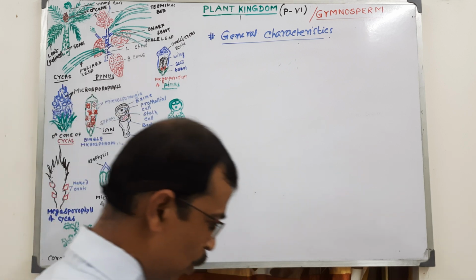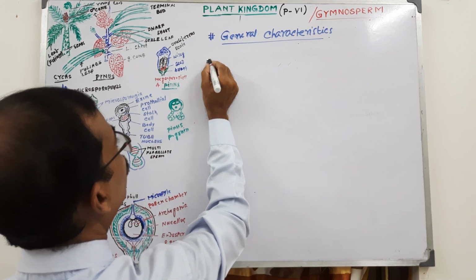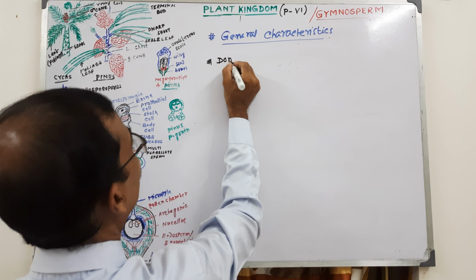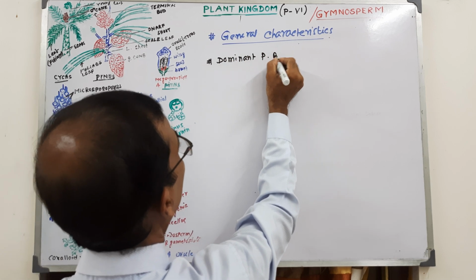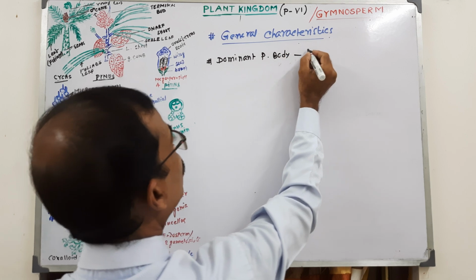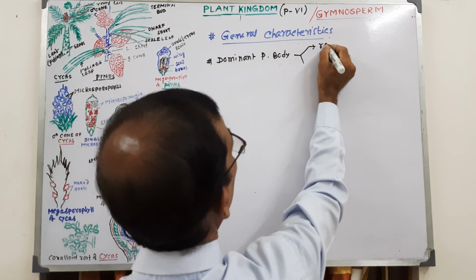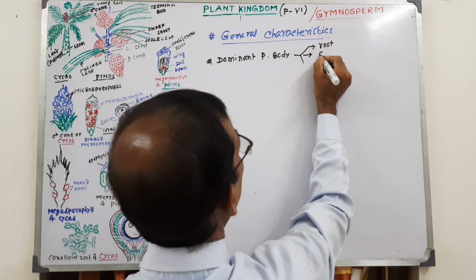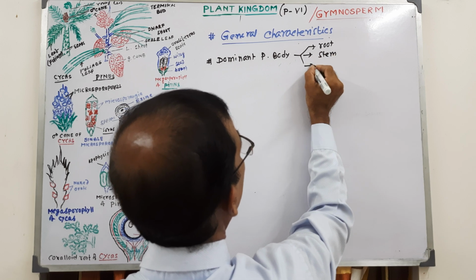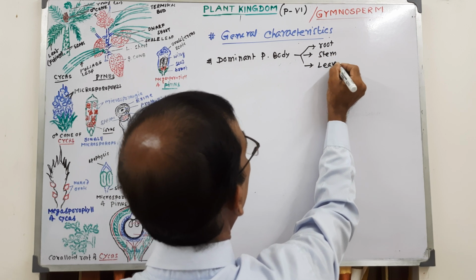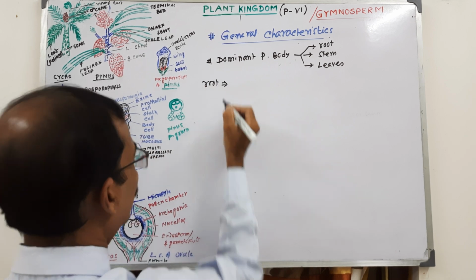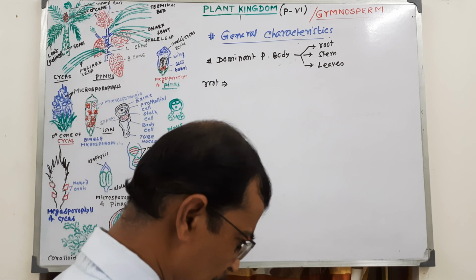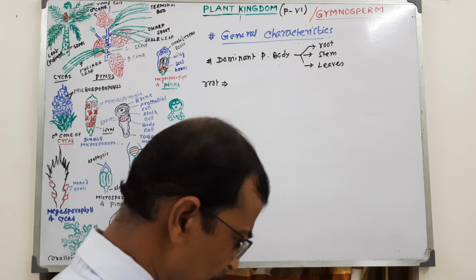The next point, the dominant plant body consists of root, stem and leaves. About root, it is mainly taproot.